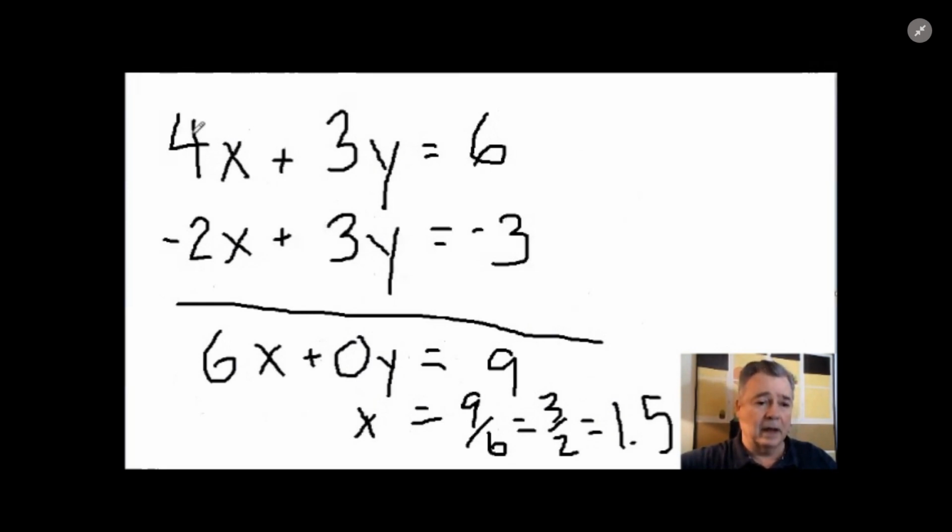And if we subtract 6 from both sides, we get 3y equals 0. And that reveals to us that the value of y in the point of intersection is 0. The x value, remember, is 1.5.